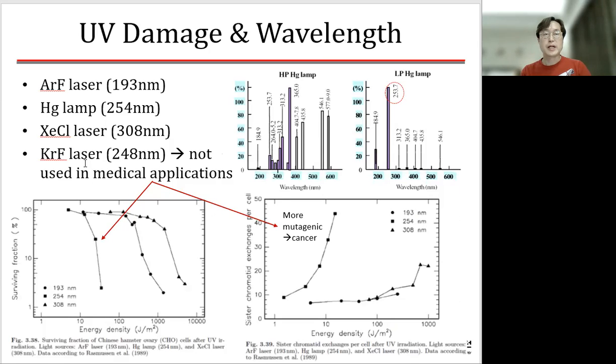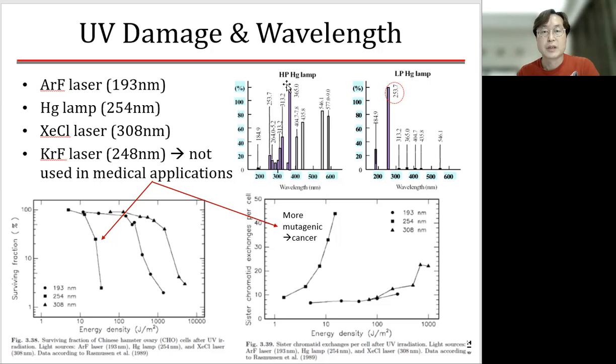This slide shows the UV damage depending on the wavelength. The laser can give 193 nanometer, and the mercury lamp can generate 254 and 308, like that. But this krypton fluoride laser at 248 nanometer is not used in medical applications. Here you can see the high power mercury lamp and the low power mercury lamp.